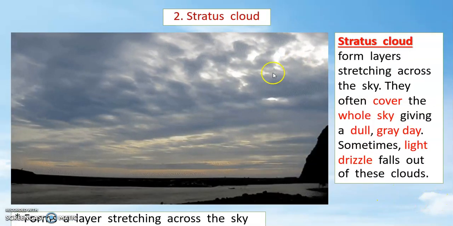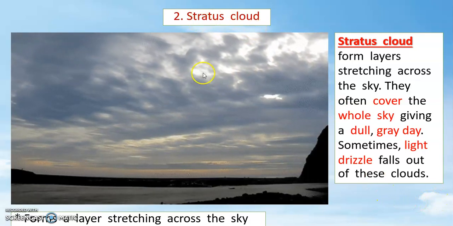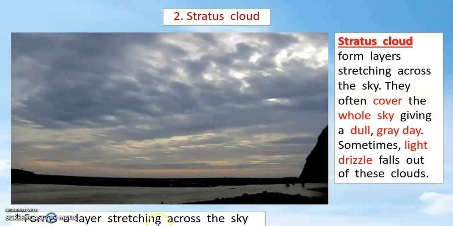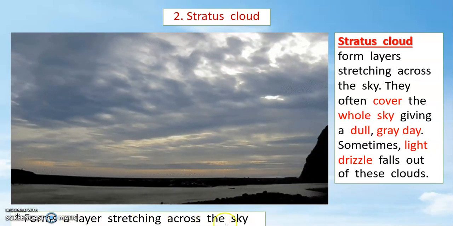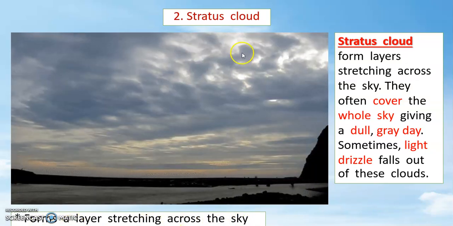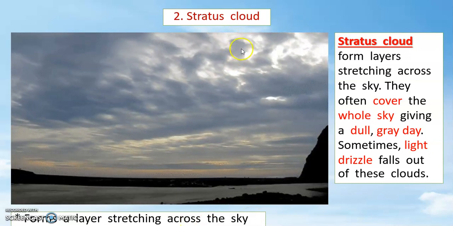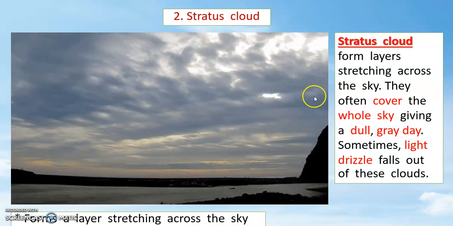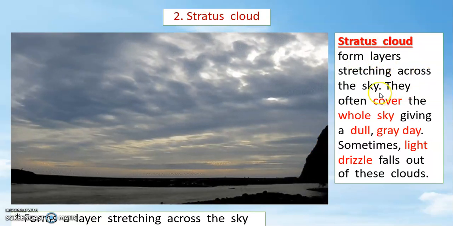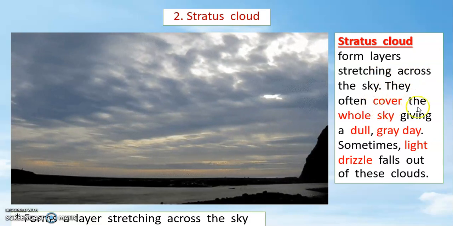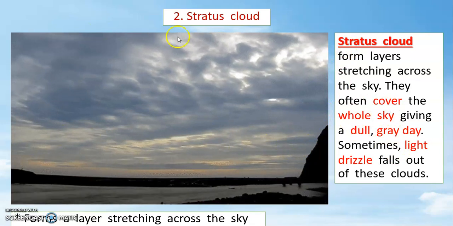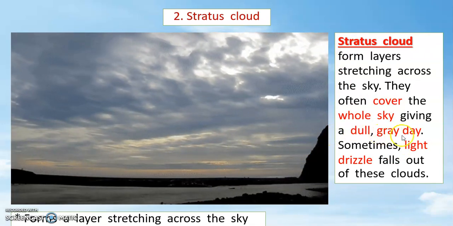Number 2, stratus cloud. This cloud forms a layer stretching across the sky. Stratus clouds often cover the whole sky, giving a dull gray day.